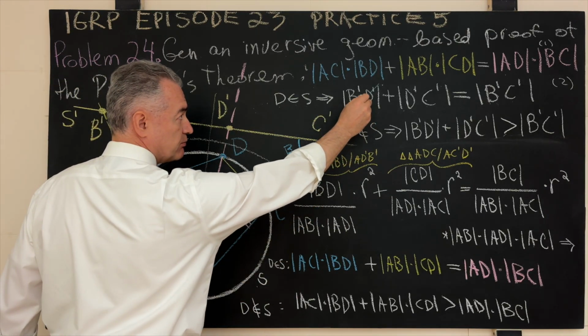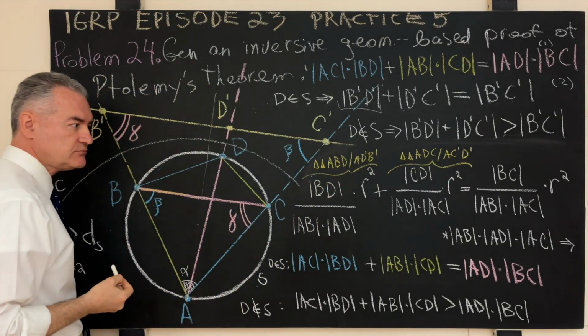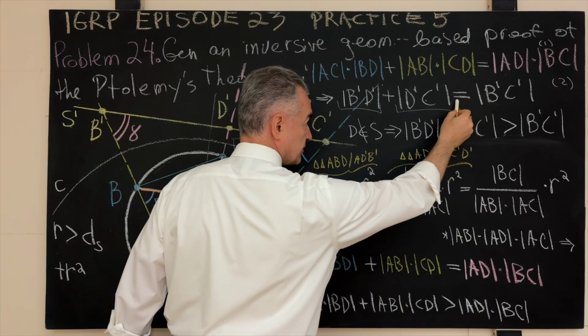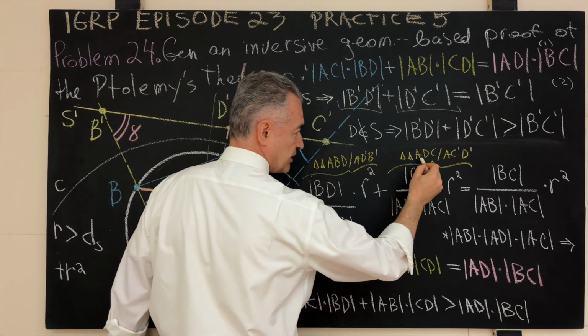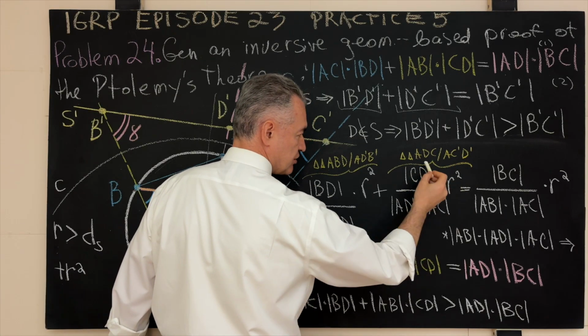We remove the primes from this summand in our original relation by torturing the similar triangles ADC and AC prime D prime. We obtain this relation over here.